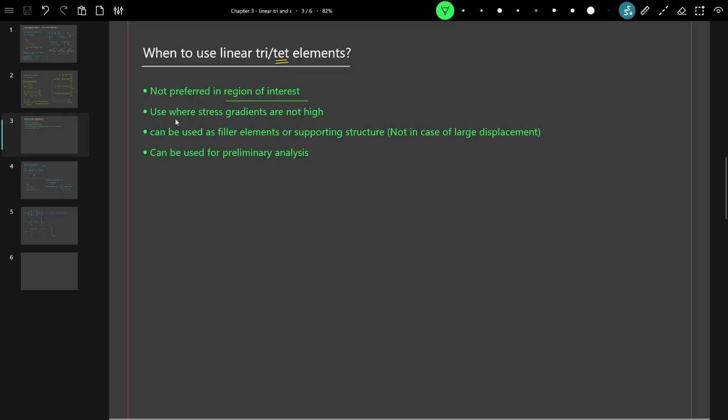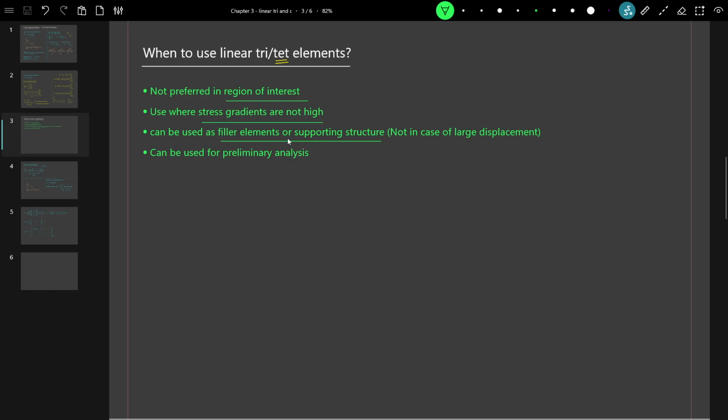For example, use them in situations where the stress gradients are not high, so we are not interested in capturing stress gradients in those regions. These elements can also be used as filler elements or supporting structures, that is, regions of non-interest.